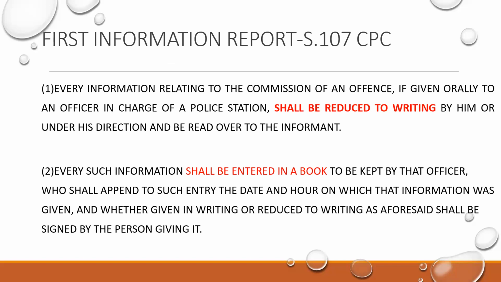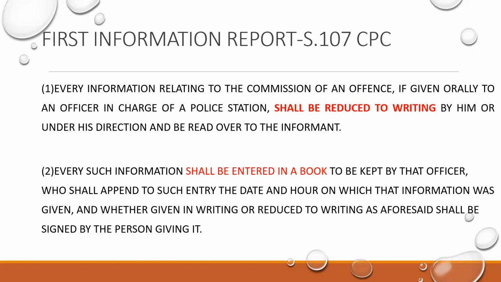So what is actually a first information report? In very layman terms, when we are talking about police investigation, the first information report is a police report, a report to the police.